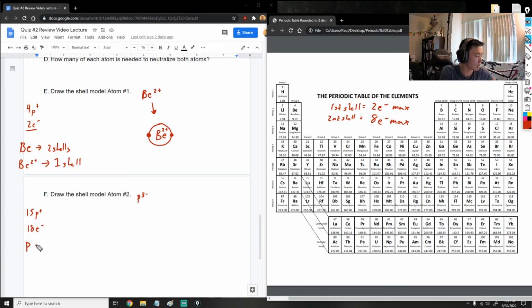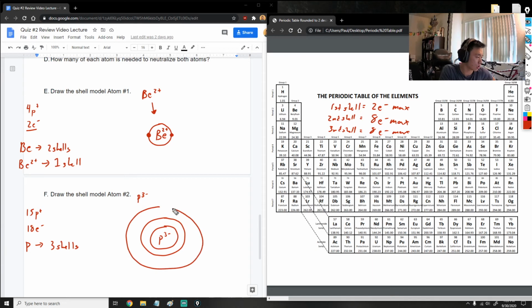We know that the first shell holds 2, the second shell holds 8, and the third shell also holds 8, because there's 1, 2, 3, 4, 5, 6, 7, 8 boxes. Alright, so let's draw P3 minus. I'm going to write P3 minus and draw 3 shells around it. 1, 2, and 3.